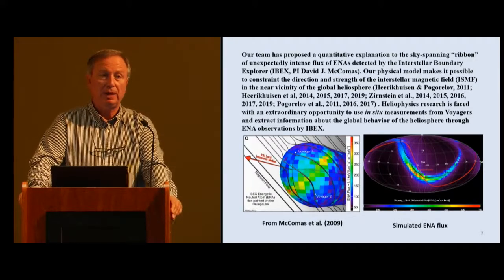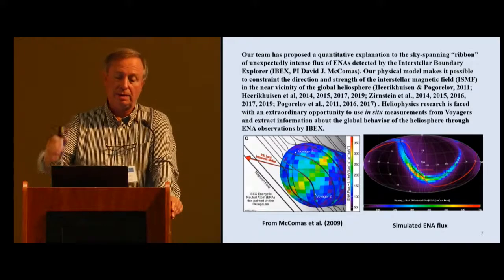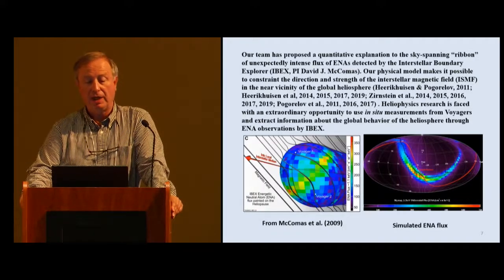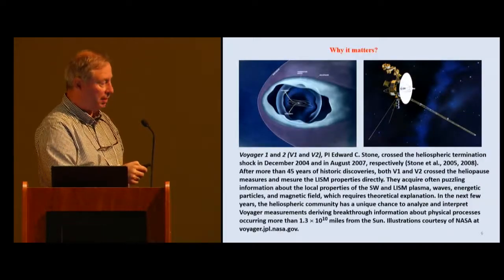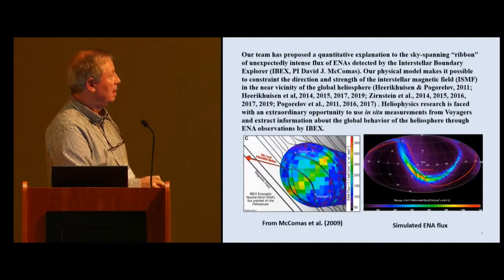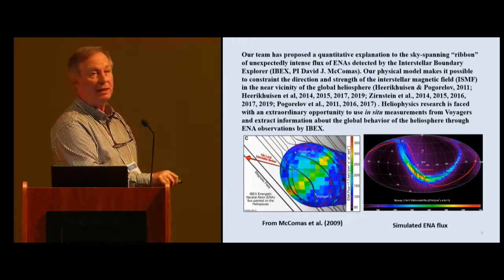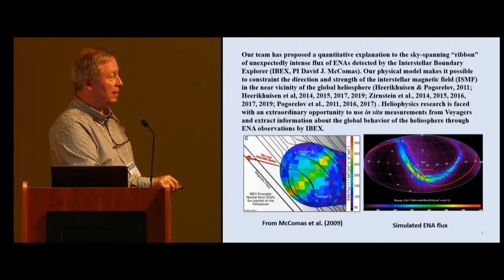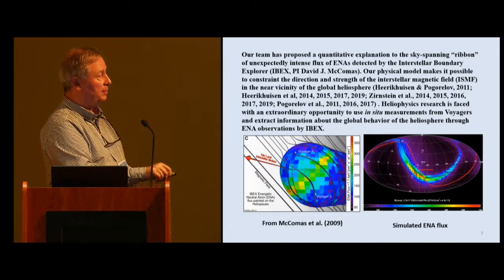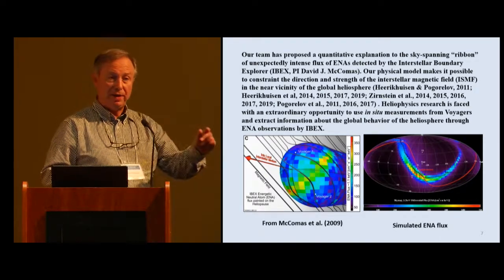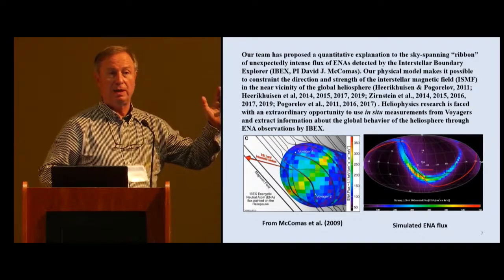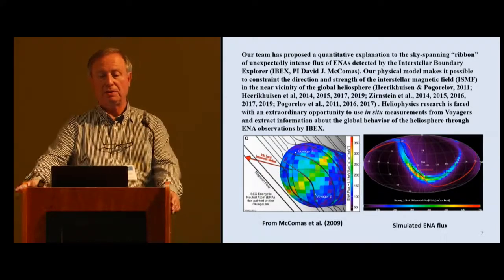It was a really fantastic discovery: a very bright ribbon of enhanced ENA flux in different energy bands on the all-sky map. The increase is very narrow, but the flux of energetic neutral particles is 3 times higher.